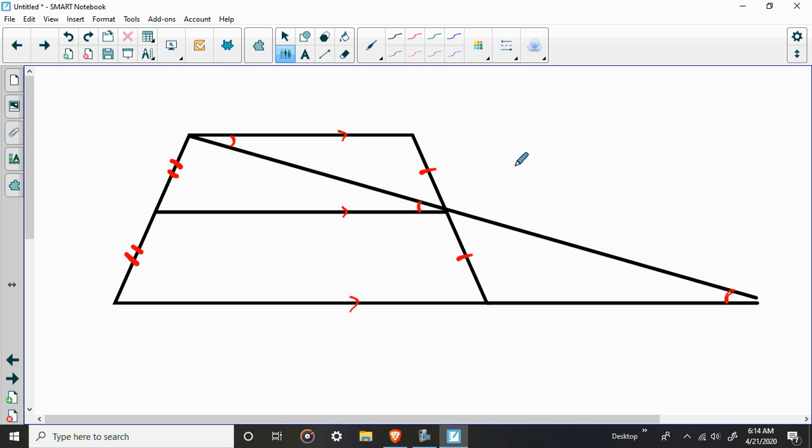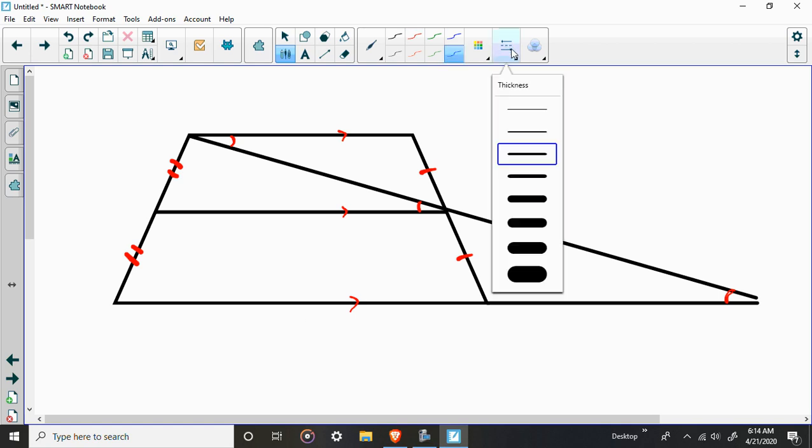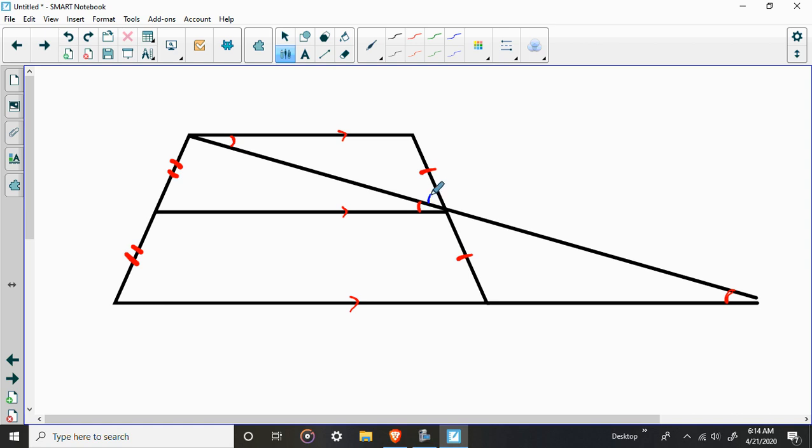Okay. The next piece of information, I'll do it in a different color, is that this one right here is a vertical angle with this one right here.